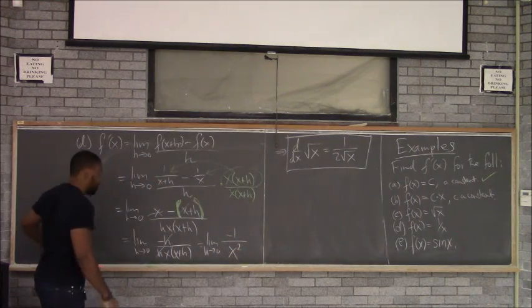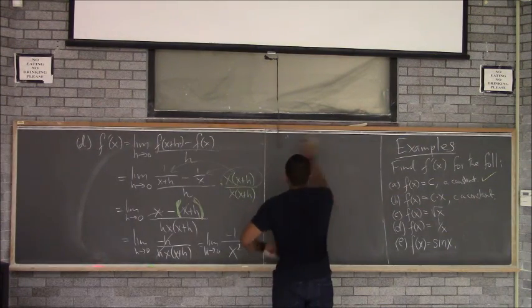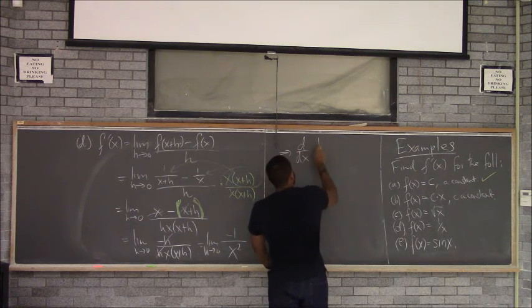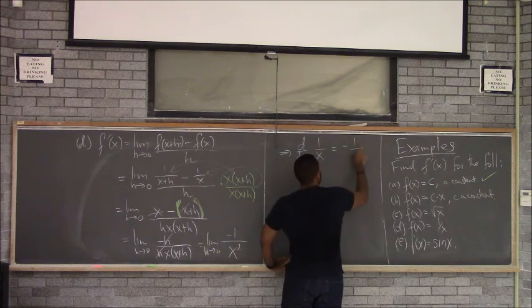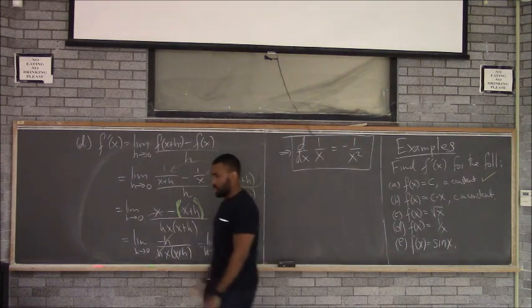And so that's now something we also know. The derivative of 1 over x is minus 1 over x squared. You should know that automatically.